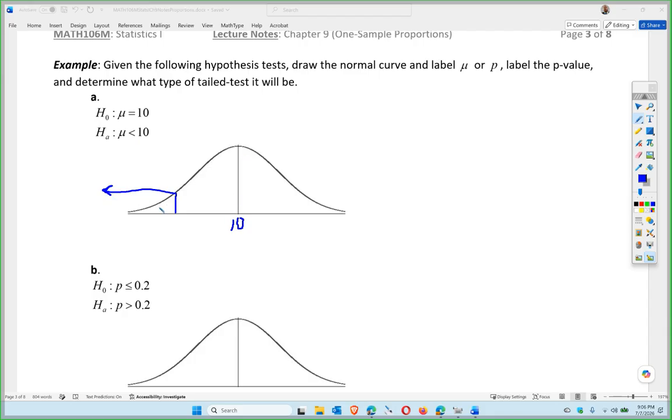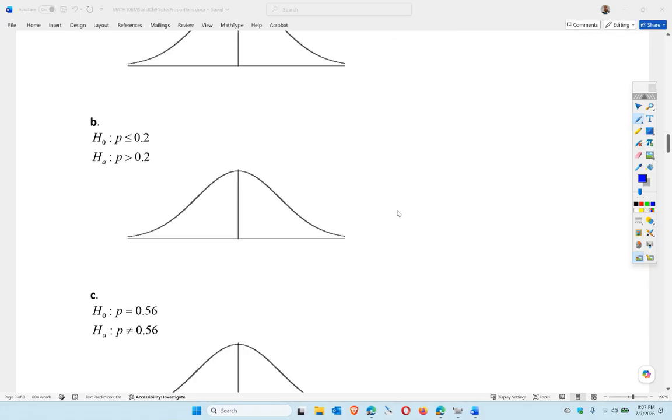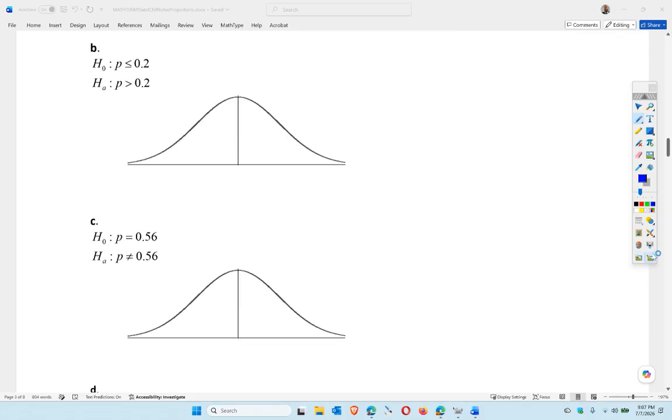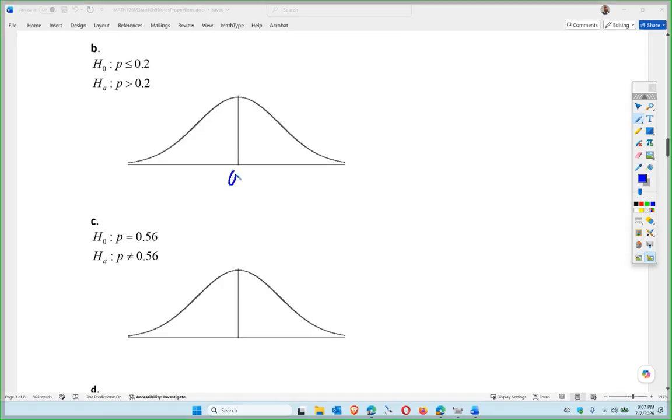So that's our p-value in there. Okay, so we're doing a left-tailed test. If it's a proportion one, the last one was mean, this is a proportion, 0.2. And we believe, alternatively, it's more than that.